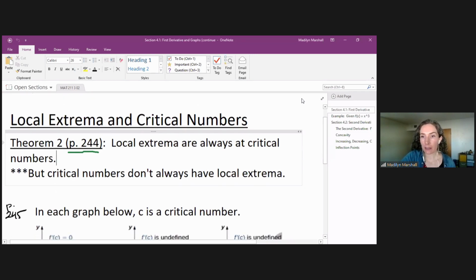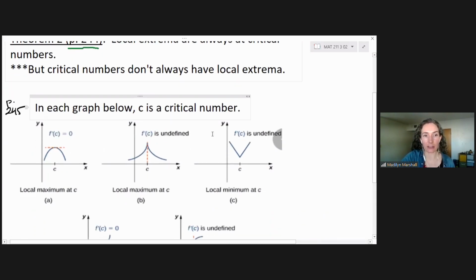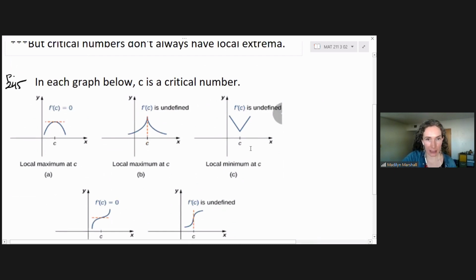So we left off looking at this handful of graphs, which there's a similar graph on page 245. It's not exactly the same, but in each graph below, C is a critical number.